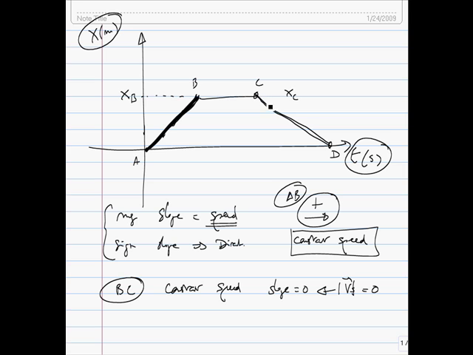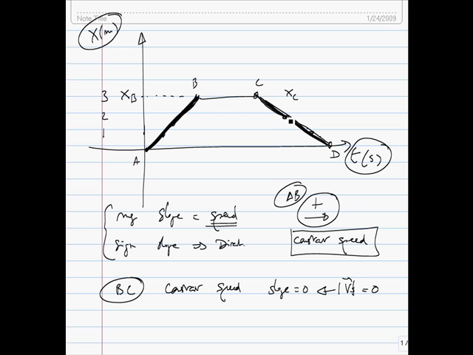Between C and D, I seem to change my position to lower and lower values. I'm starting with a position of 3, then sometime later my position is 2, then sometime later it's only 1. So obviously I'm going in the negative direction. So I'm moving backwards.